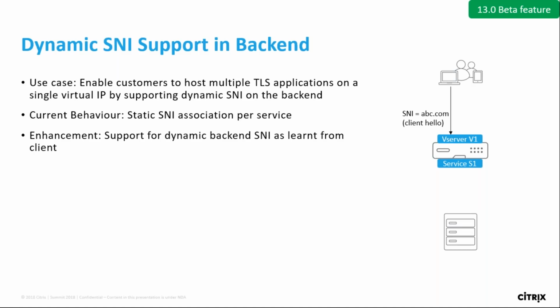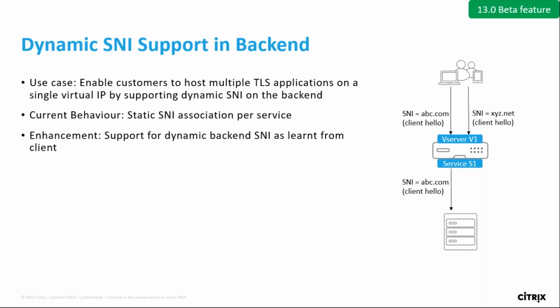When the client is going to talk to the Citrix ADC at V1, it will have an SNI of abc.com. With the dynamic SNI support, the same SNI is going to get transferred to the application server where that application is hosted.